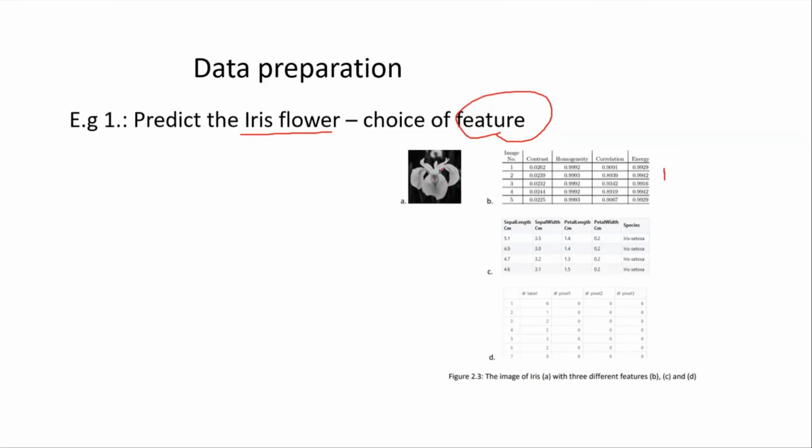It's still an image, but the features are 4: 1, 2, 3, 4. You can have the same photo, but now the features are sepal length, sepal width, petal length, petal width. Only 4. And if you have a sepal length of 5.1 centimeter, a sepal width of 1.5 centimeter, a petal length of 1.4 centimeter, and a petal width of 0.2, we're going to predict that this is iris setosa.